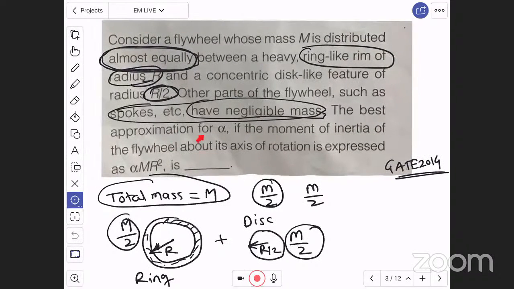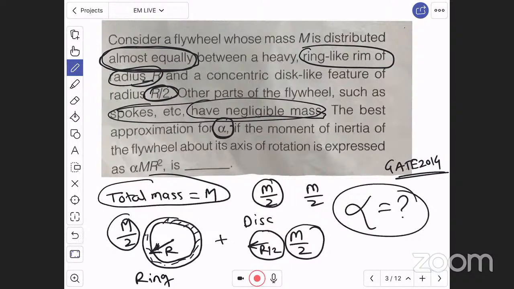Now you have to find the best approximation for alpha.